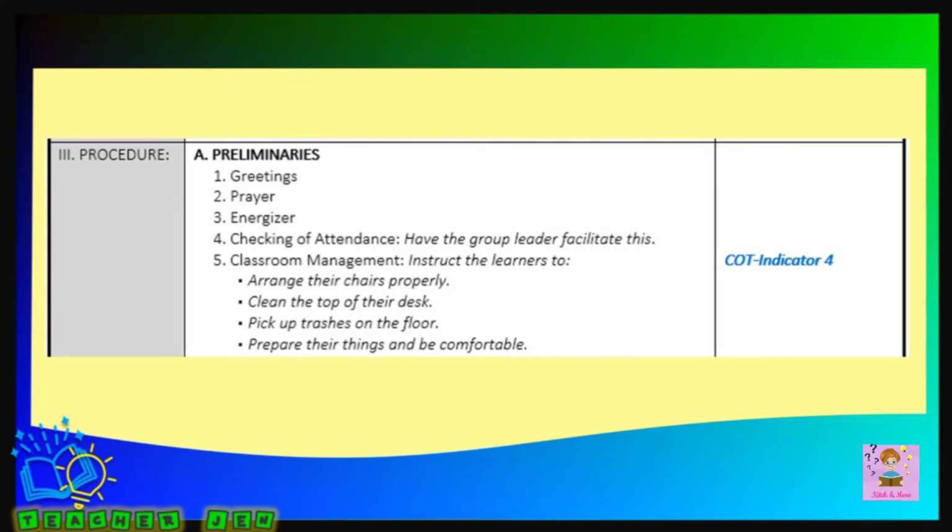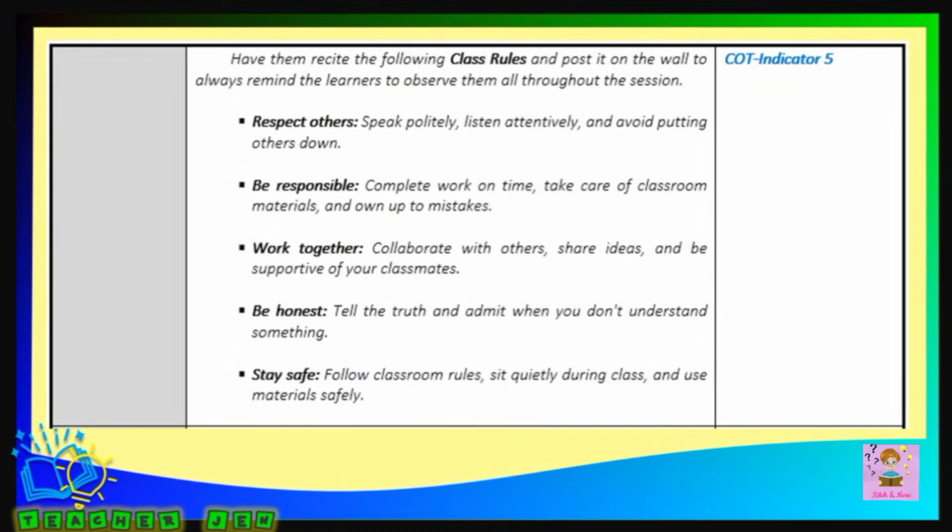Here, I am applying the indicator 5, which states that managed learner behavior constructively by applying positive and nonviolent discipline to ensure learning-focused environments. In my class, I let the learners post these class rules on the board and let them read it together.